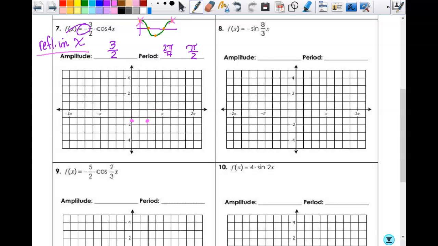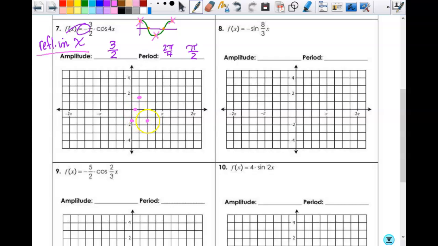All right, so now I have the beginning and the end. So halfway in between these two at pi fourths, I'm going to have a maximum of 1.5. So now I have this one. So then halfway in between these two, which would actually be like pi eighths, that's where my 0 is going to be.